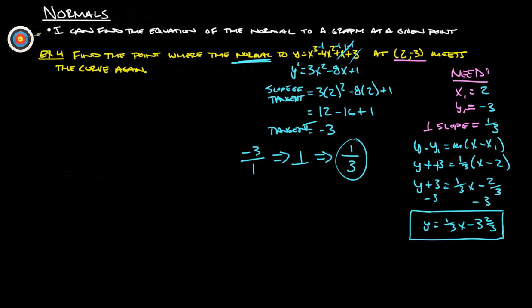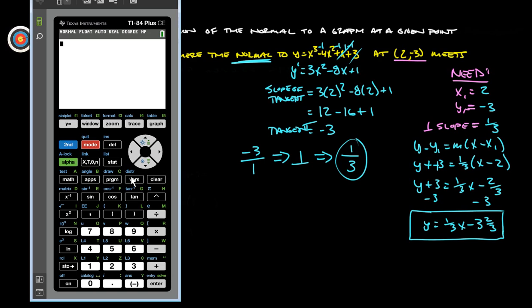So now we use that equation, plug it into our graphing calculator or into Desmos, and we do y equals. We're going to clear these things out. And we're going to put in our 2 equations. It doesn't matter which one goes first. I usually like to use the one that we were given: x cubed minus 4x squared plus x plus 3.